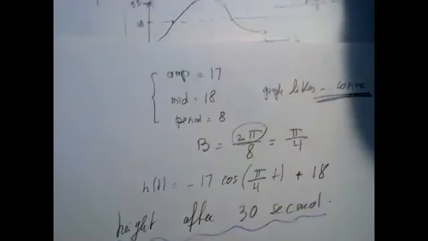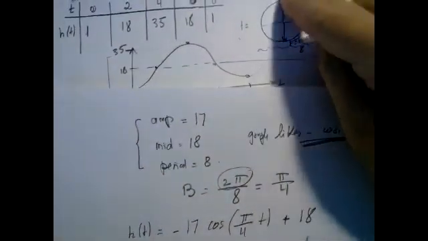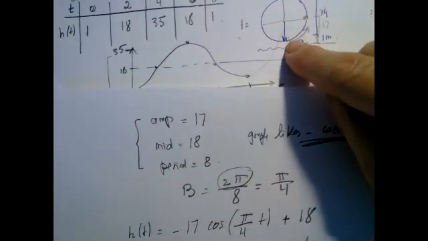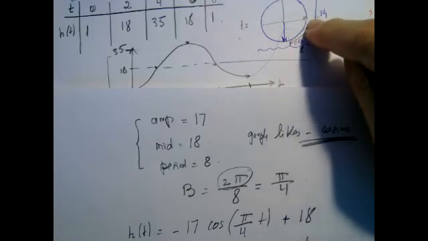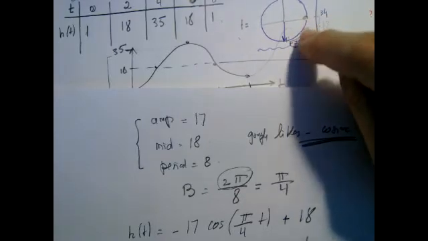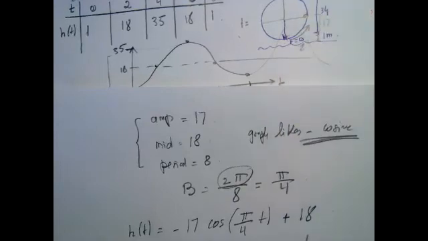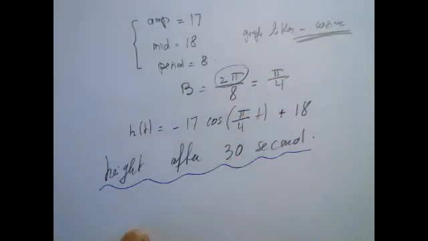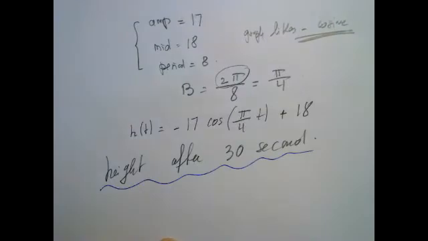So that's my Ferris wheel, moving up. This is equal to 0. Now I know that after 2 minutes it is here. After 30 seconds, how high am I above? What do I do? Quickly, so I can review more with you.